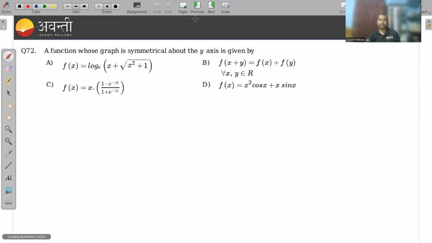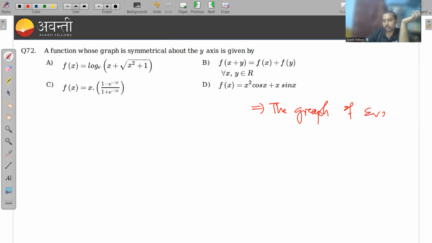So let's move to the next question here. A function whose graph is symmetrical about the y-axis. All of you know already, we have discussed this in the class also. Always remember, the graph of an even function is always symmetric about the y-axis.